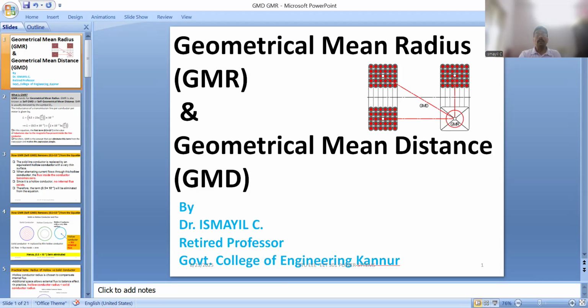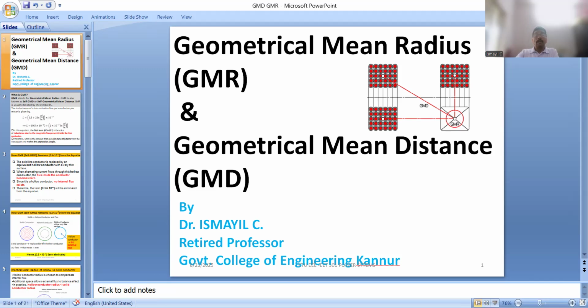So we'll move to the next case. Here, I'll be considering a three-phase transmission line. Here, the mutual GMD is equal to the equivalent equilateral spacing between the conductors, or it is the geometric mean of the distances between the conductors.